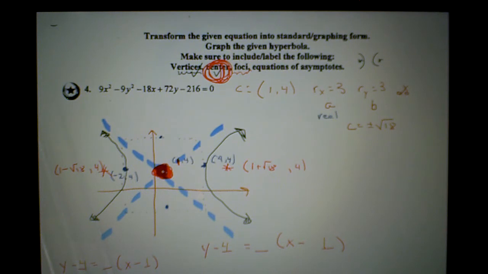But what is the slope of this positive blue line, slant asymptote? Rise over run. But look at that, that traces right over where we had our rectangle, right? Rise, conjugate axis, ry, run, half of the transverse axis, rx. That's why I said before that the slope of the slant asymptote is ry over rx. So ry is 3 and rx is 3, so for us this happens to be 1.